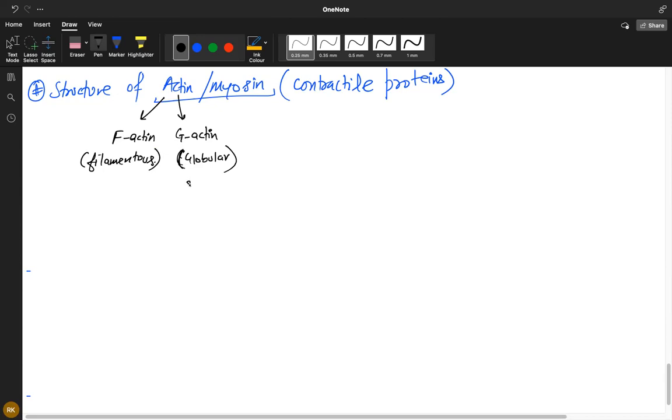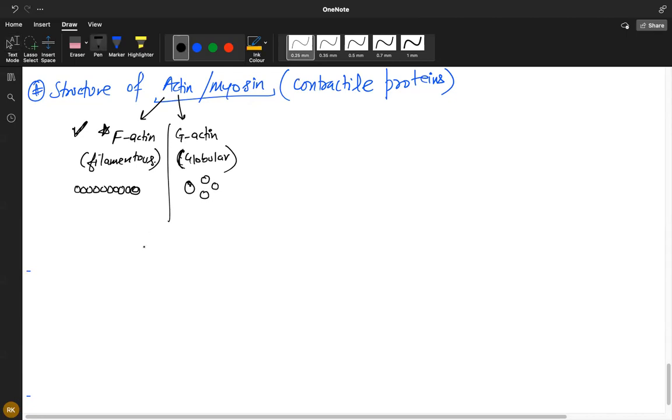So G-actin is like one round unit, but F-actin will be like a filament. Make sense? If these units are single, they are just called G-actin. But if they come together like the links of a chain and make a long chain, they are called F-actin. So we have to focus on this part. This is what is present in muscles, F-actin, known as filamentous actin.